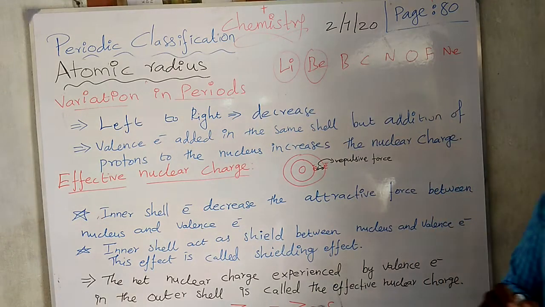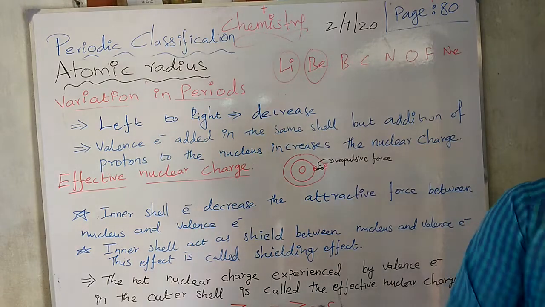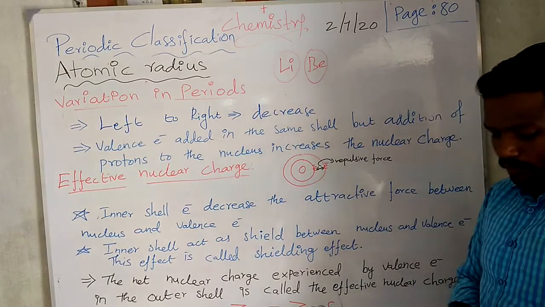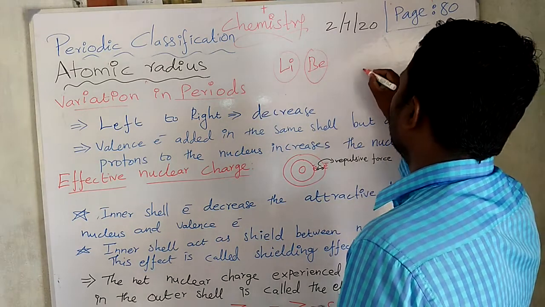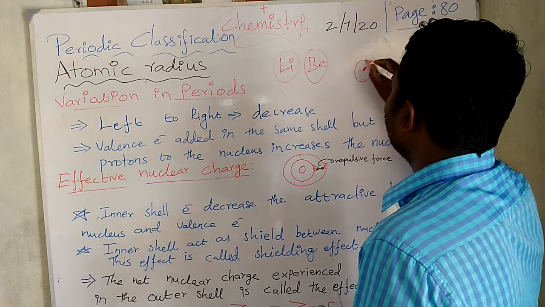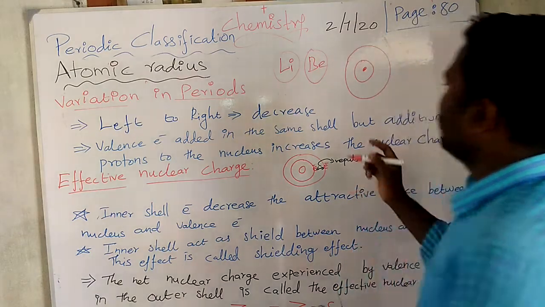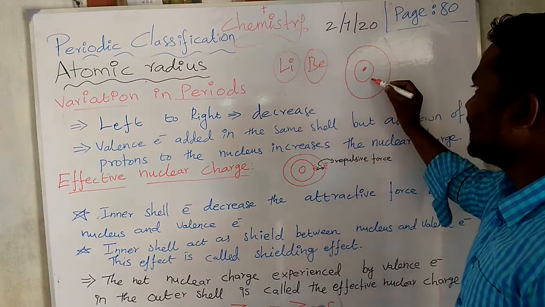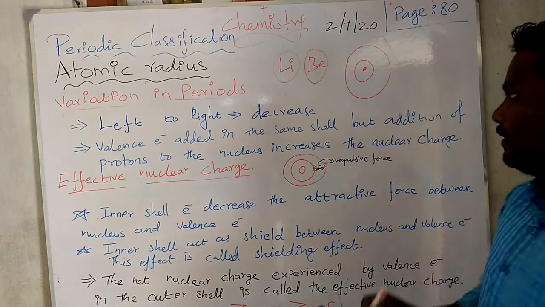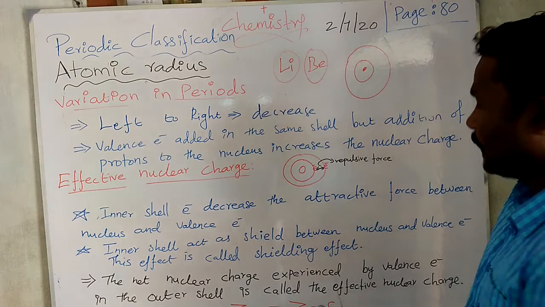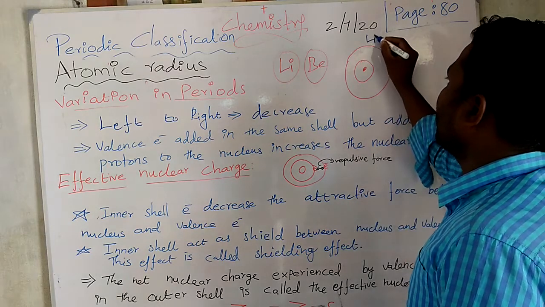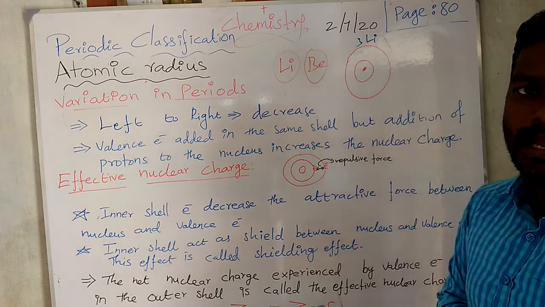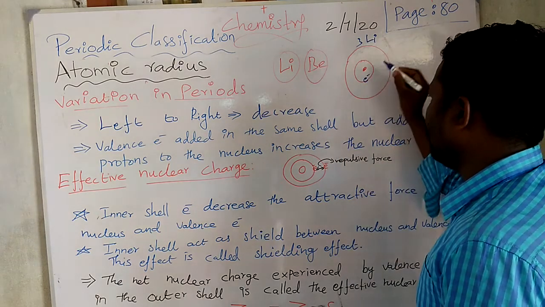For lithium and beryllium alone, I am going to draw the cell diagram. Lithium may have 2 cells: one is the inner cell, one is the outermost cell. Lithium has atomic number 3, so how many electrons does it have? The inner cell has 2 electrons.